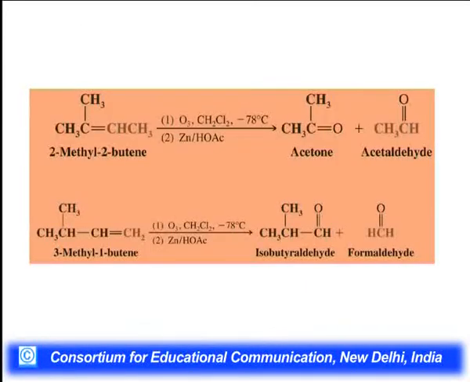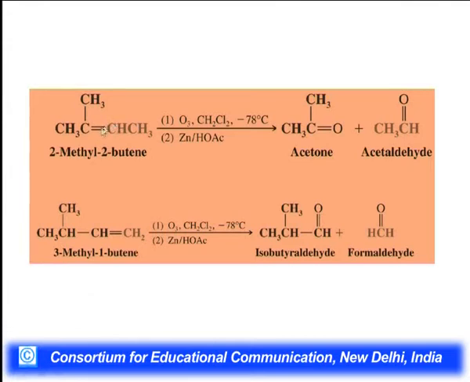So let us look into the structures, what I mean when I say monosubstituted or disubstituted alkene. If you look at this structure, this carbon containing the double bond is a secondary carbon, that is, it is attached to one alkyl group. The simple way of doing it, without going into the mechanism of the reaction, is that we break the double bond from here and get two fragments.